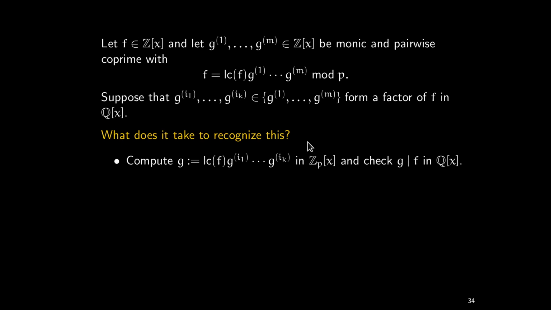The one thing you can do is compute the product of this subset and multiply it with the leading coefficient of f, and you get a polynomial mod p. And you interpret this polynomial as a polynomial over the integers.